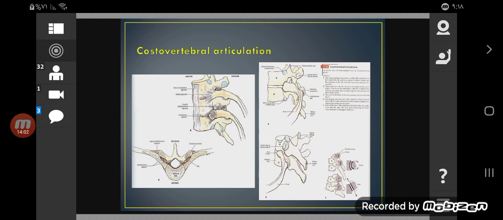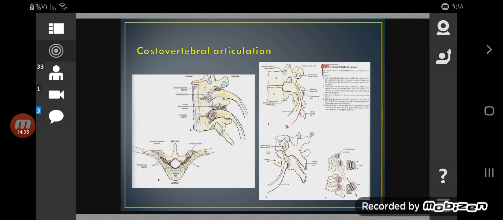If you remember, a typical rib has a costal tubercle, and the costal tubercle consists of two parts, the articular part and the non-articular part. The articular part is covered by hyaline cartilage and articulates with the relevant articular facet on the transverse process of the relevant thoracic vertebra.